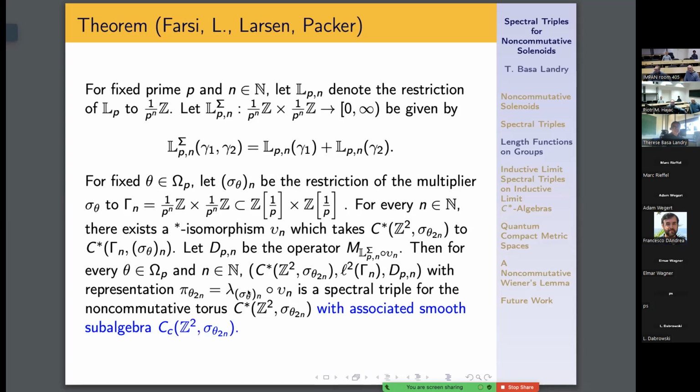Then you get a spectral triple for the non-commutative torus with associated smooth subalgebra being the continuous functions of compact support on this twisted group C star algebra. So our spectral triples also reduce to spectral triples on each of the respective non-commutative tori, out of which the inductive limit is made.